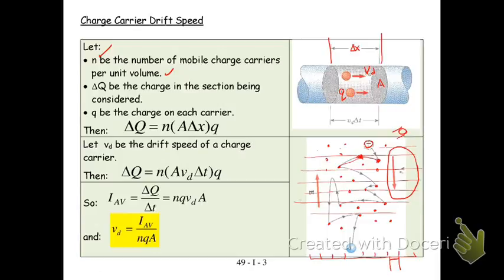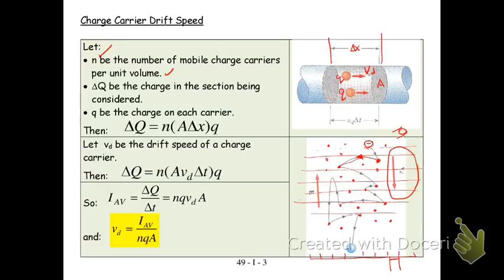Okay, yeah. So, different materials have different numbers of free charge carriers per unit volume. Let delta Q be the charge in the section being considered. So how many charges do we have in here? Let's call it delta Q. Let q be the charge on each little charge carrier. So that's got a q on it, and that's got q on it.